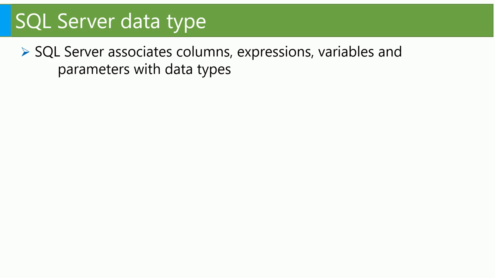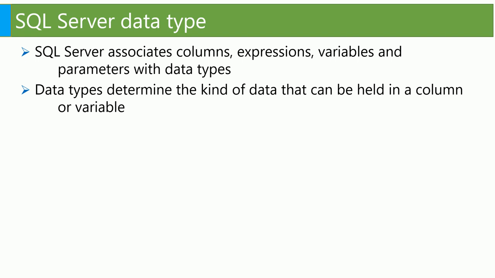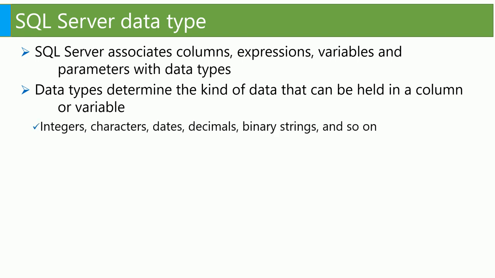SQL Server associates the columns, expressions, variables, and parameters with a data type. The data type determines what kind of data can be held in the column or the variable. It can be integer, characters, dates, decimal, binary string, and so on.